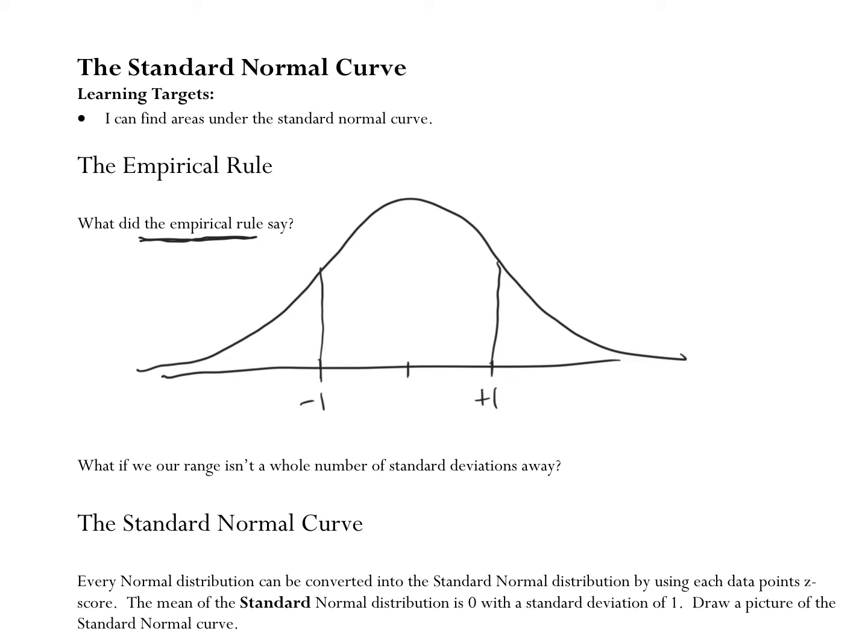And if I did that, what was that percentage on the inside? 68%. And then if I went two standard deviations above and below, that total was 95%, making each of these sections 13.5% and 13.5%.